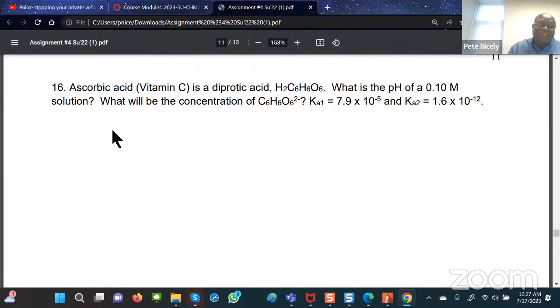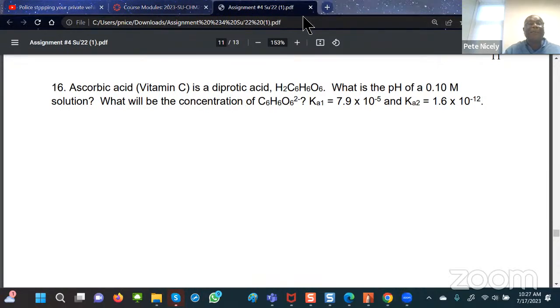And the reason is very simple. I'm going to use HA again to represent the dissociation. So in fact, I'm going to use H2A because there are two hydrogen ions that will be released.